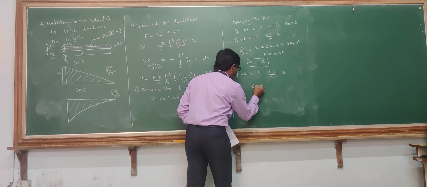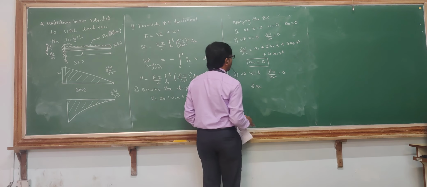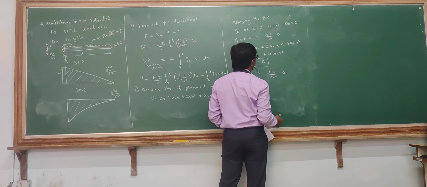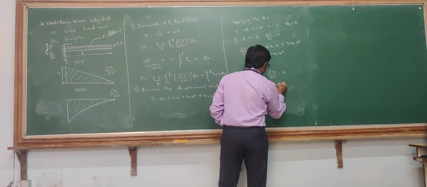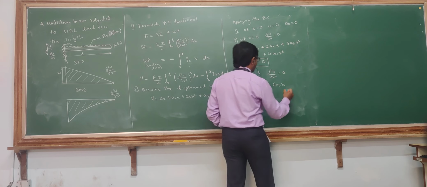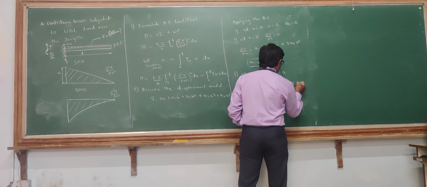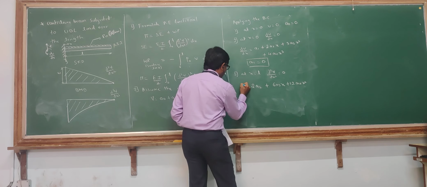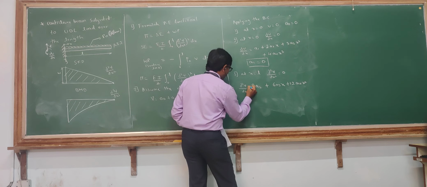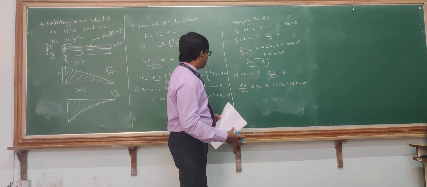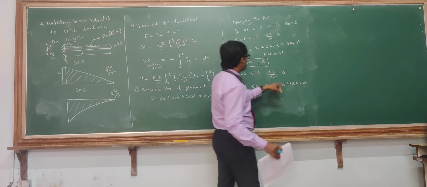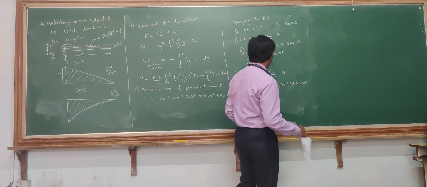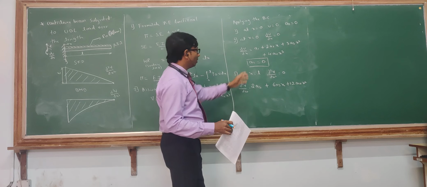So it will be 2a2 plus 6a3x plus 12a4x², which is ∂²v/∂x². Hope it is clear. It is 2a2 plus 6a3x plus 12a4x². We got it. So now we'll apply the boundary conditions.